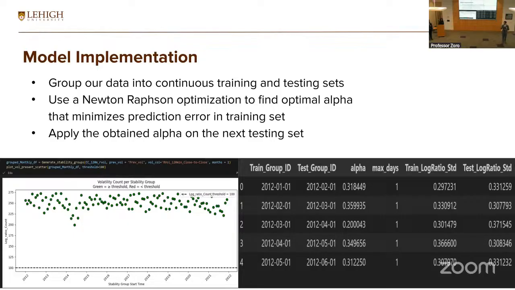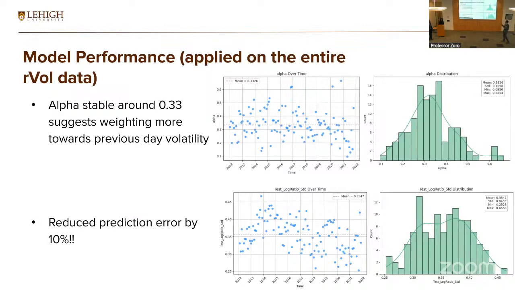That's one of the testing tools that we have. Stability plays a big, important role. And the optimization method that we used was a Newton-Raphson type of algorithm. So yeah, this is what our plots look like. We have a prediction error of 33%.